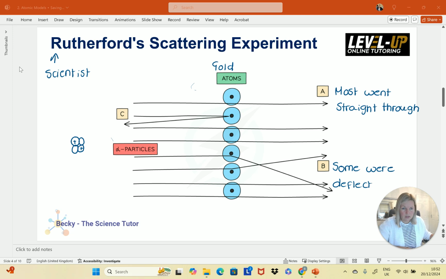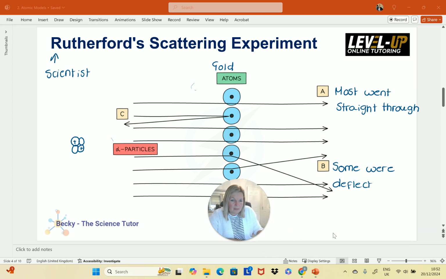So what that must mean is, if they've come at that gold sheet and then come out at a different angle, they've been deflected, then there must be some repulsion. If those alpha particles have a positive charge, that must mean there's some positive charge in that structure of the atom.